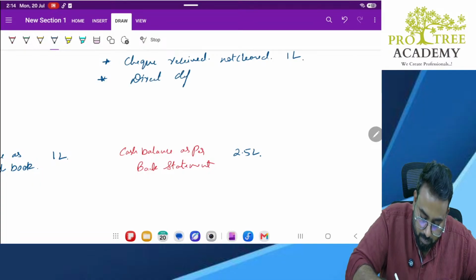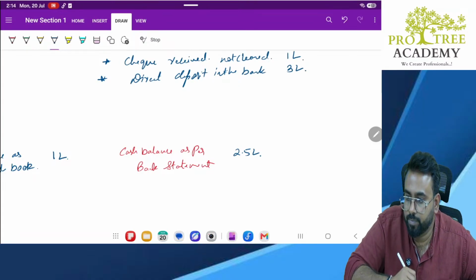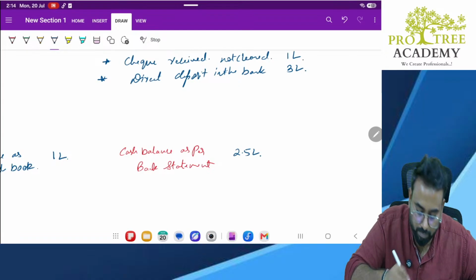Direct deposit by the bank, in the bank, say 3 lakhs.